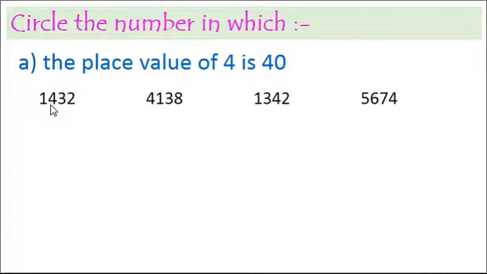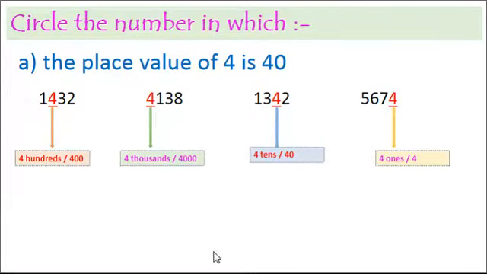In this number 1432, 4 is at the 100 place. In this number 4138, 4 is at the 1000 place. In this number 1342, 4 is at the tens place. In this number 5674, 4 is at the ones place, right? So first of all, you have to identify it.